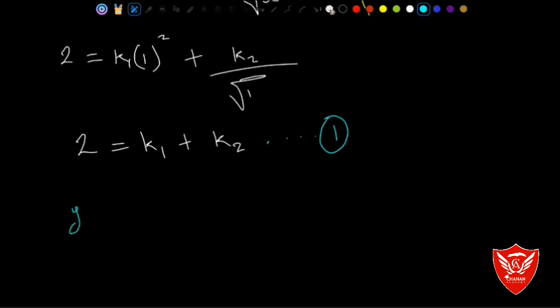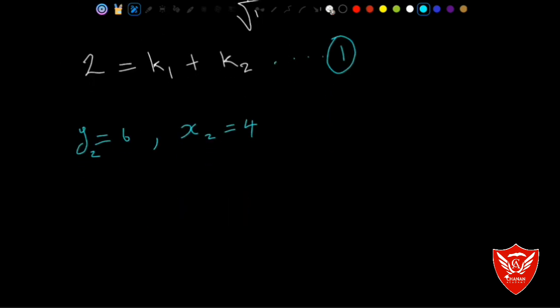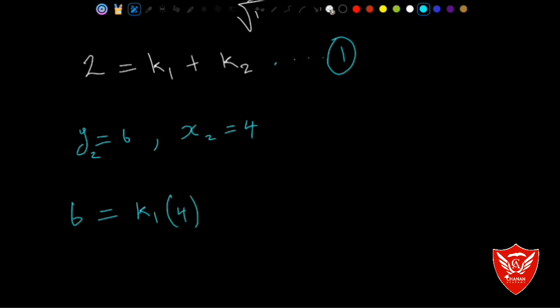Okay, when y2 was 6, x2 was 4. So we are going to have that 6 equals k1 times 4 squared plus k2 over the root of 4.